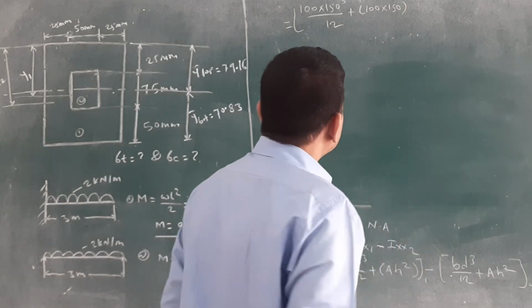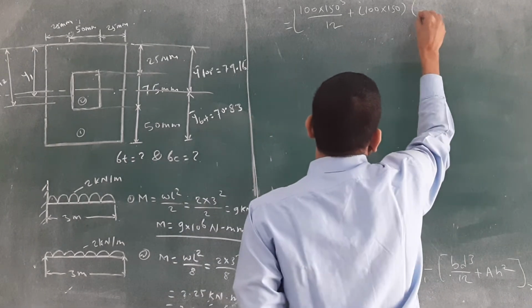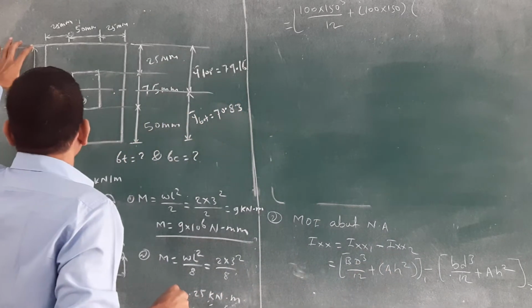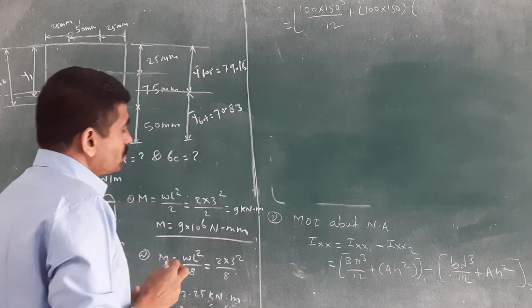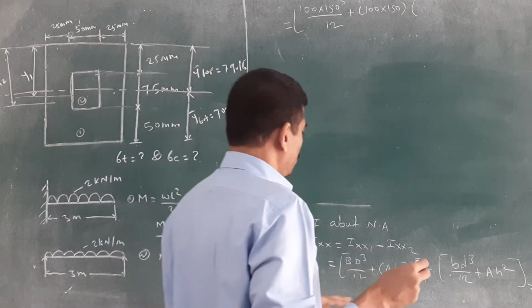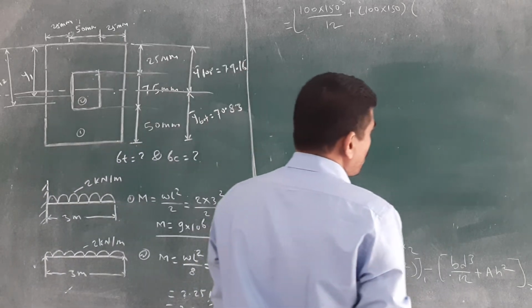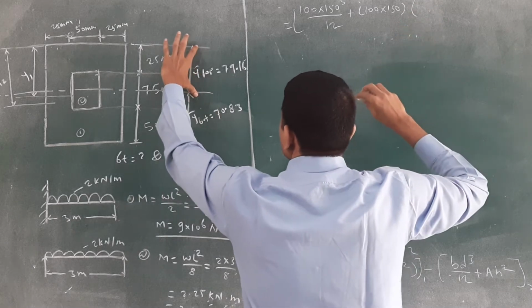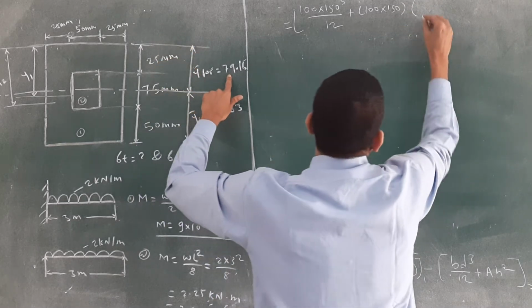What is the h square? Last lecture we saw h square means y bar minus y1. What is the y bar top? We have considered the top, right?